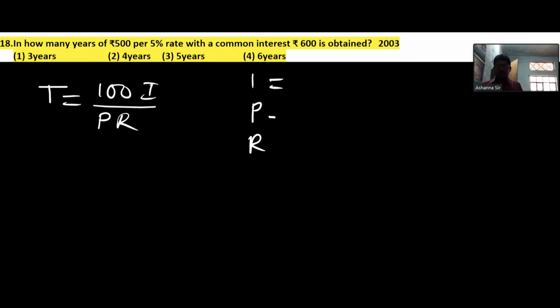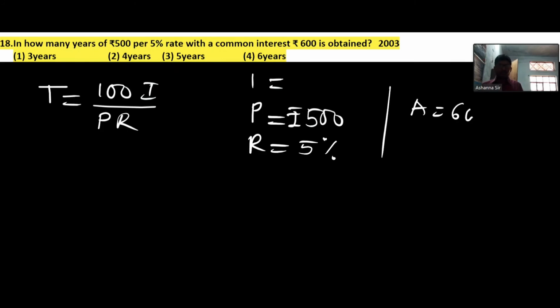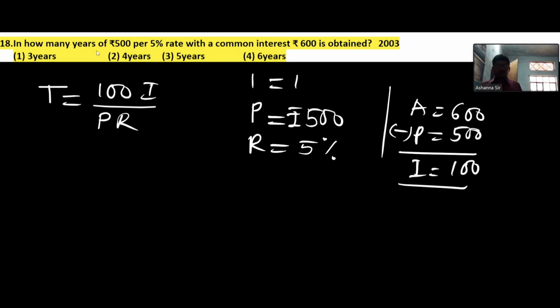Principal 500 rupees, rate of interest 5%. He got 600, which means amount. Subtracting principal from amount, we get interest: 100 rupees interest.